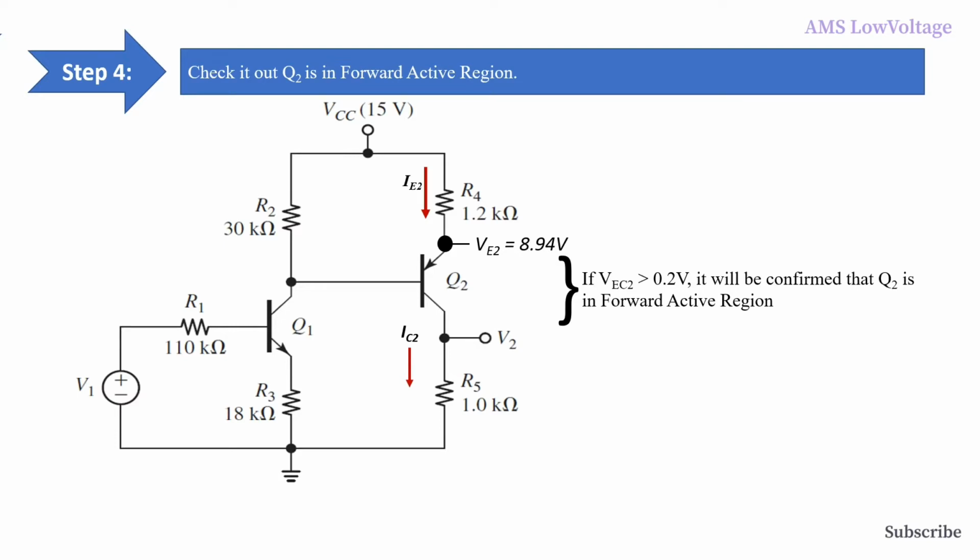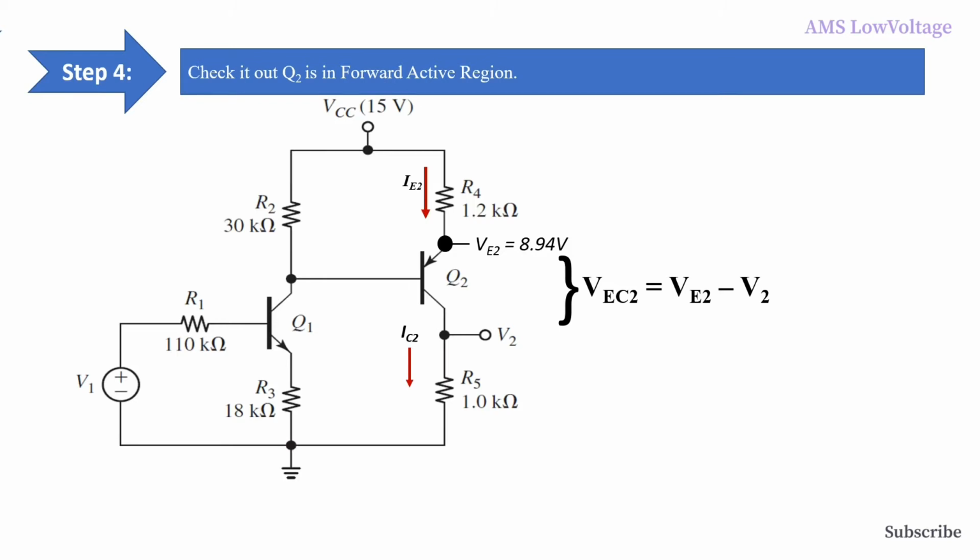Step 4. Check that Q2 is in the forward active region. If a transistor is in the forward active region, its emitter-collector voltage must be greater than 0.2 volt. If VEC2 is greater than 0.2 volt, it will be confirmed that Q2 is in the forward active region.